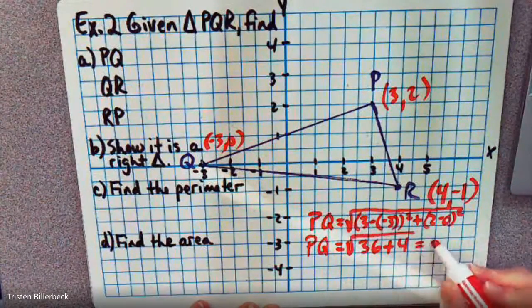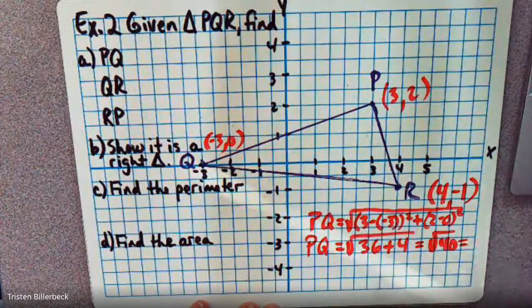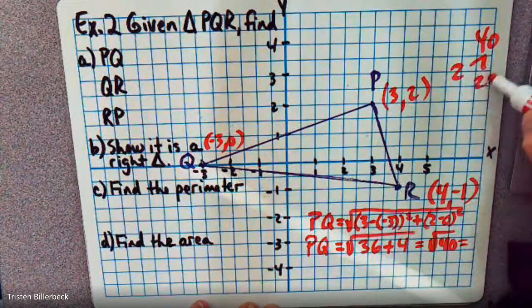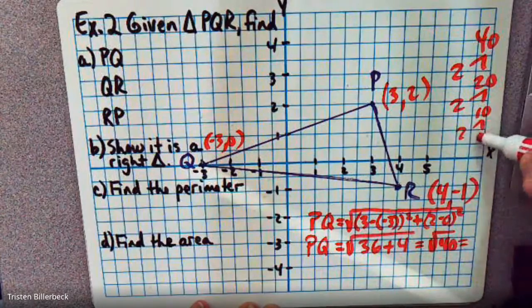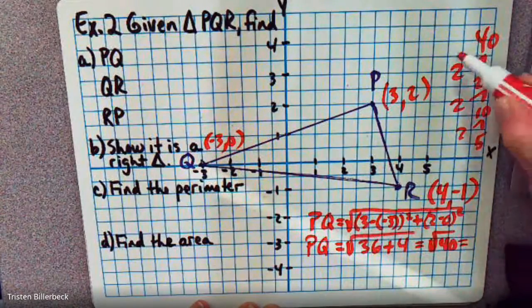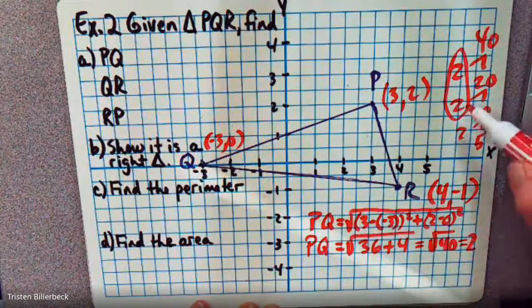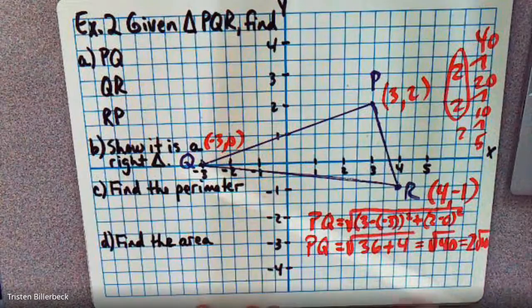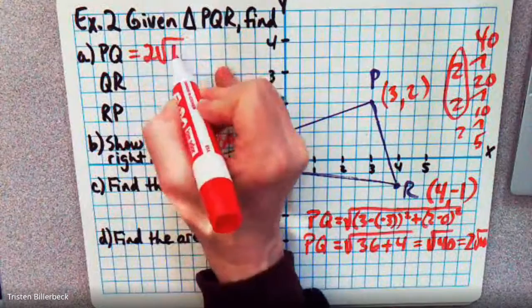So we get the square root of 40, which reduces, because we can take 40 and take 2 out and get 20, take 2 out and get 10, take 2 out and get 5. And so that gives us a 2 that we can take out. So this is 2, and then what's left over is square root of 10. Okay, so PQ is 2 square root of 10.